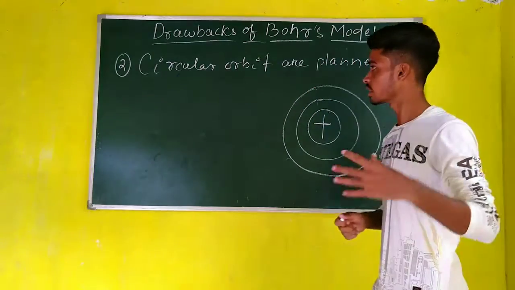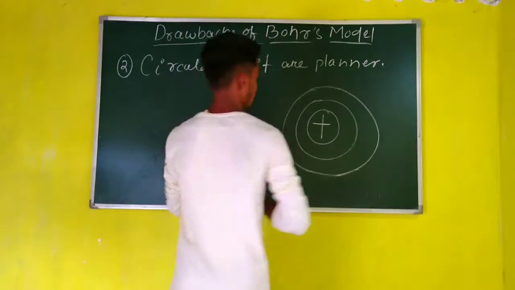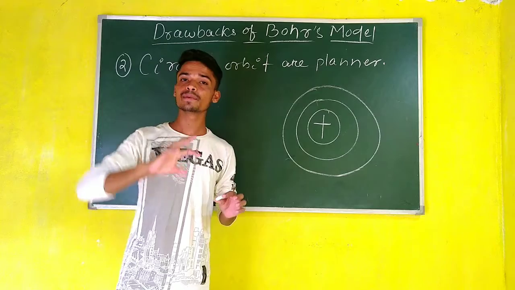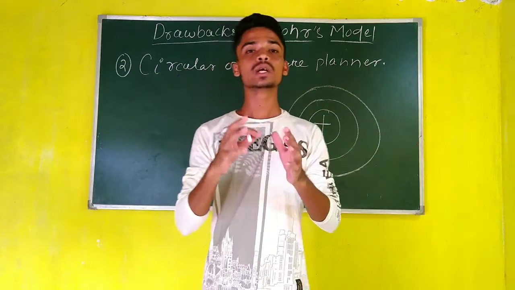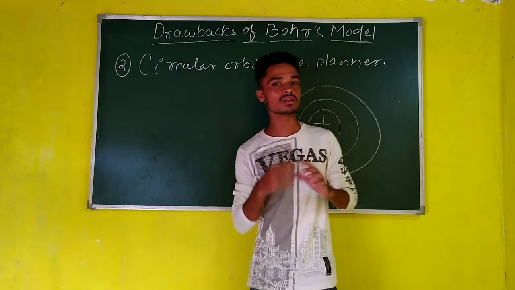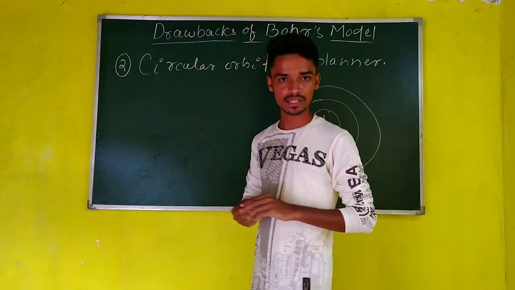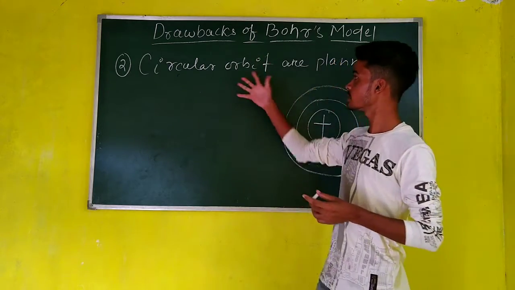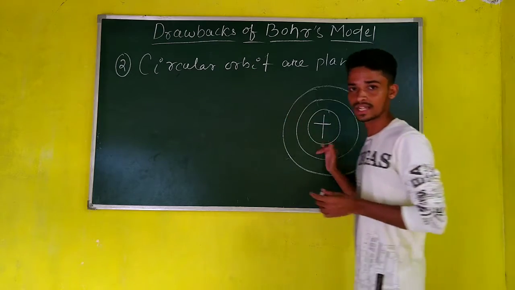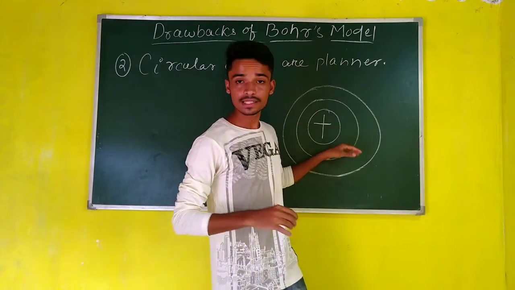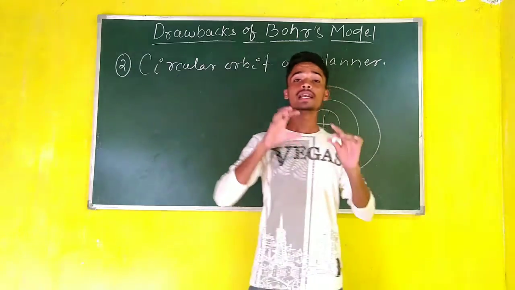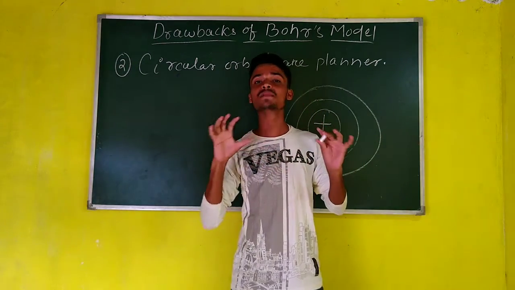In modern research, these circular orbits are 3 dimensional, meaning electrons revolve around the nucleus in 3D space. This is the Bohr concept: the shells are in 2 dimensional space, but the electron revolves around the nucleus in 3 dimensional space.